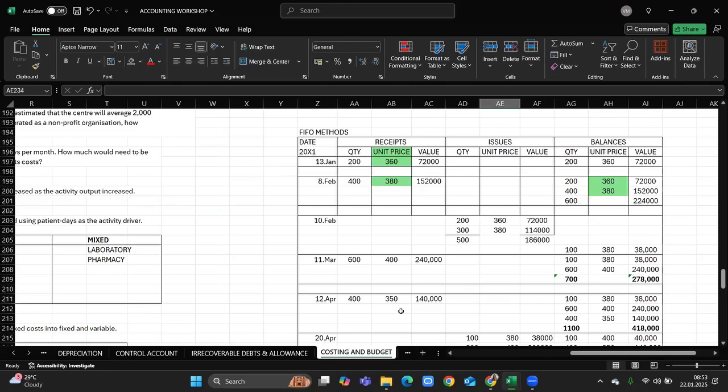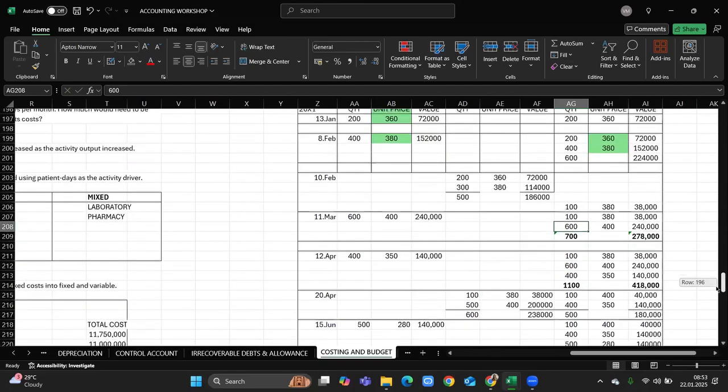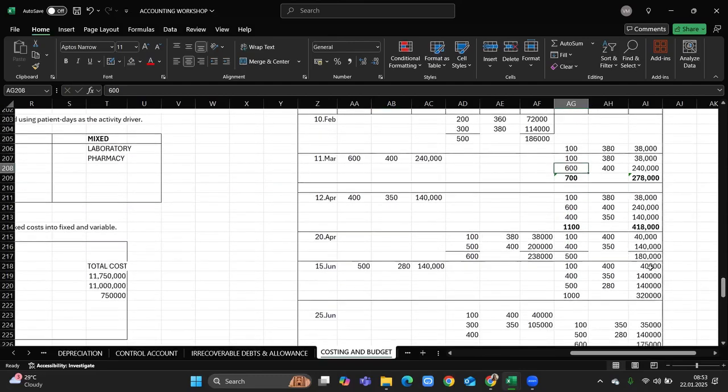Okay, but I don't want to go into all that. Your revision is going to be understanding how we did this entire calculation. So this 100, this 380, this 600, you are going to take your own initiative to find out where all this information is coming from. Okay, it's the calculation.